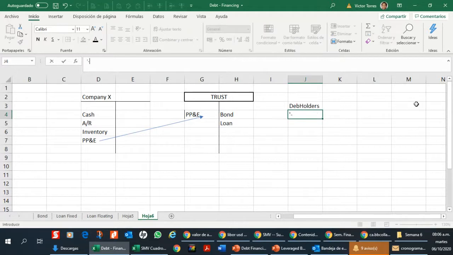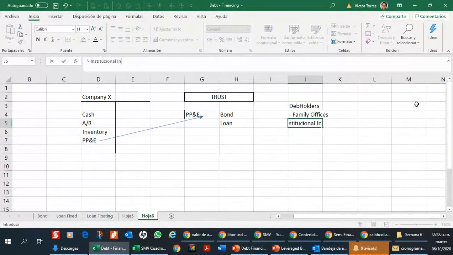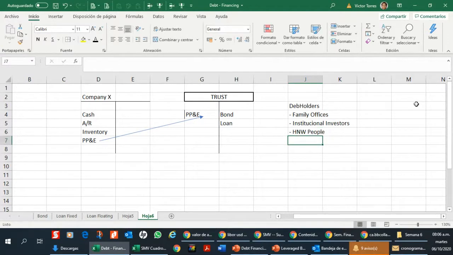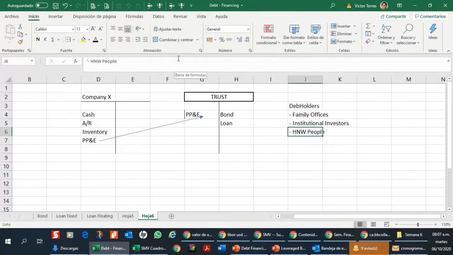We're going to be having here family offices, typical institutional investors, and highly net worth individuals. When I talk about institutional investors, I'm talking about mutual funds, even pension funds, insurance companies, and so on.